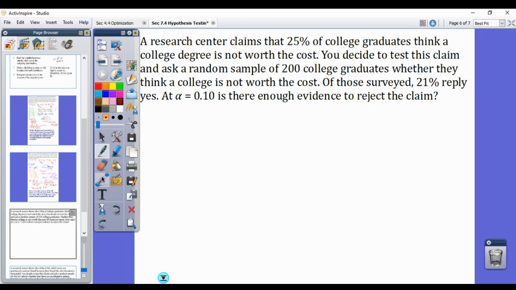All right, so let's see. Our claim in this case is P equals 0.25. So the complement to that is going to be P does not equal 0.25.